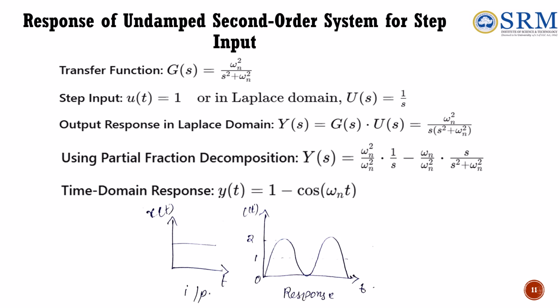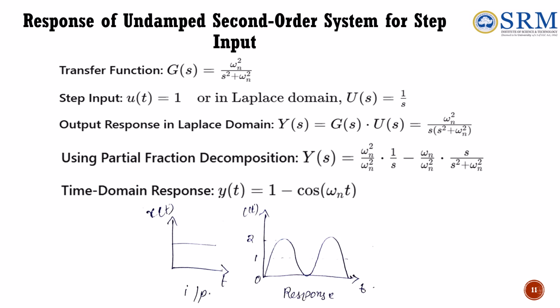So that is y of s is equal to omega n square by s into s square plus omega n square. So if we use the partial fraction decomposition to find out y of s, we can get omega n square by omega n square into 1 by s minus omega n by omega n square into s by s square plus omega n square.